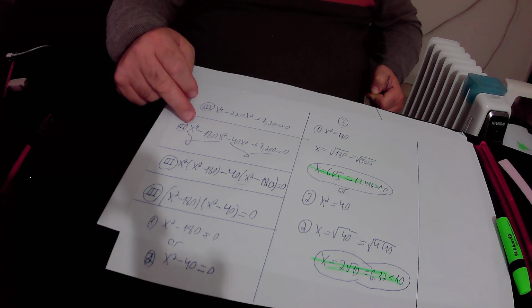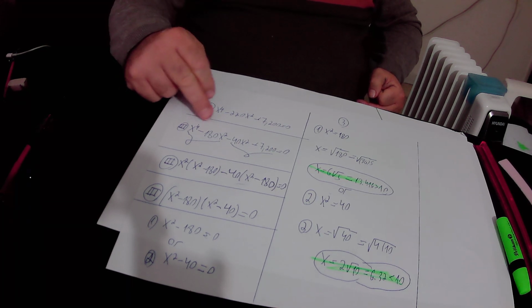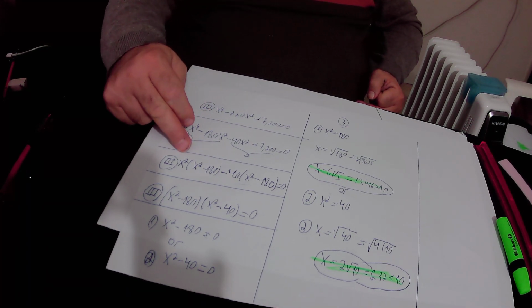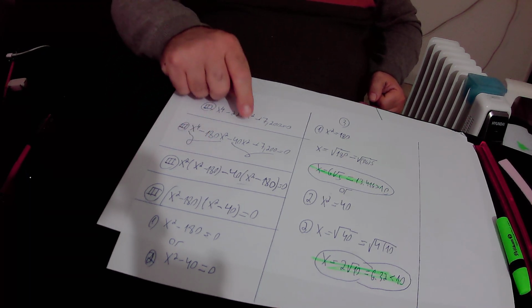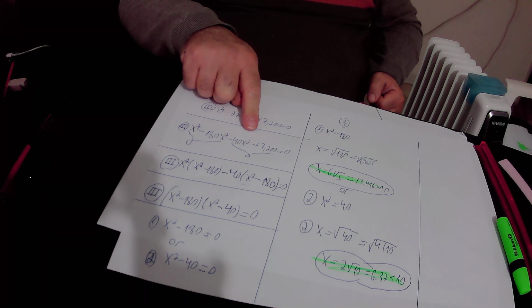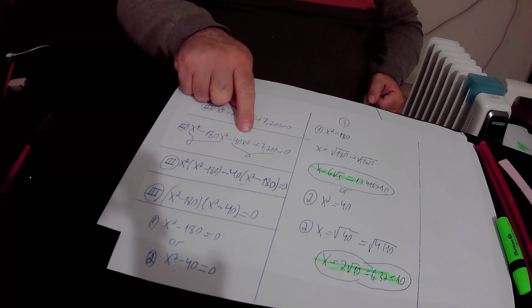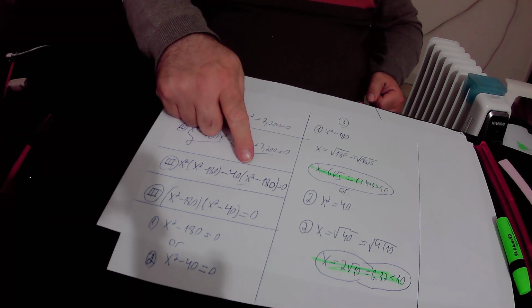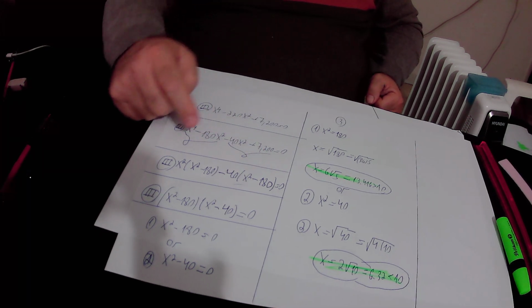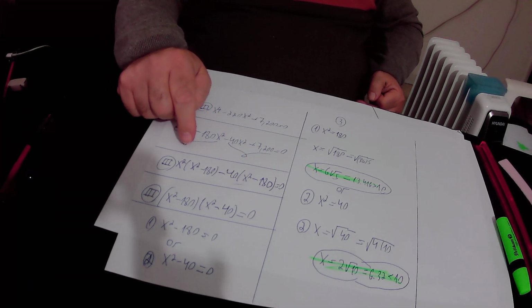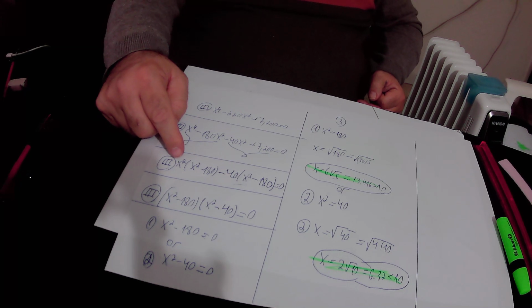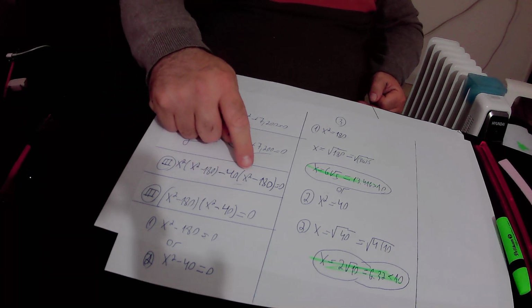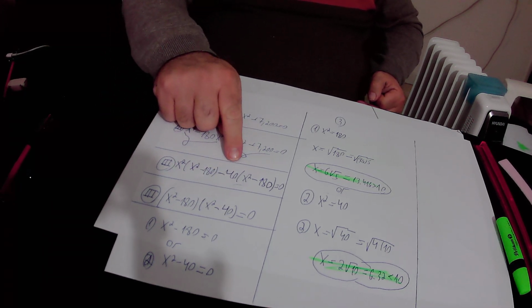Here we took a common factor of x squared from the first two terms, and inside the brackets we have x squared minus 180, and from the other two terms we took minus 40 as a common factor, and inside the brackets we have x squared minus 180. So we took x squared minus 180 as a common factor, and inside the brackets from the first expression is left x squared, and from the second it is left minus 40.